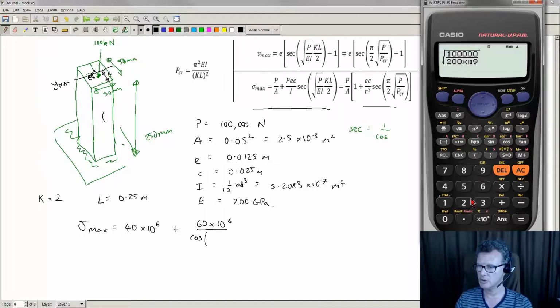K is 2. K is 2. L is 0.25. And on the bottom we have a 2.